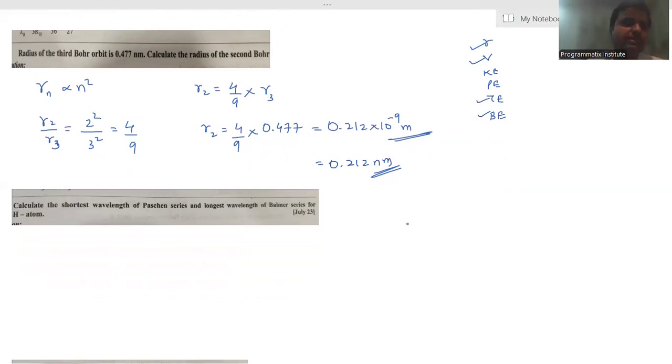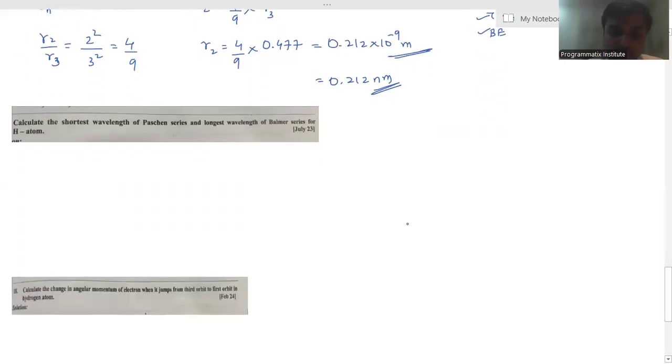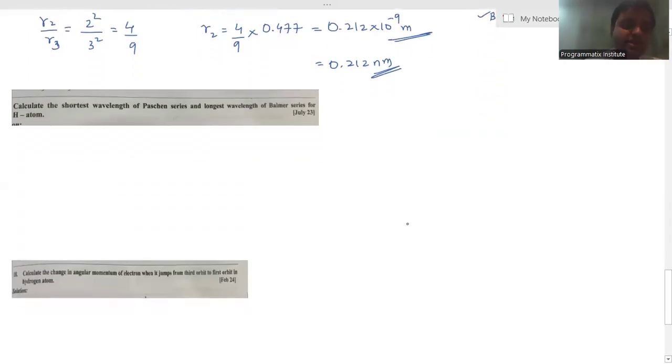Come on. So next is calculate the shortest wavelength of the Paschen series and the longest wavelength of the Balmer series. This we have studied and I have already mentioned. I have given you one table for this, and shortest wavelength and longest wavelength you already know. Shortest wavelength will always be from infinity, because shortest wavelength will have more frequency.